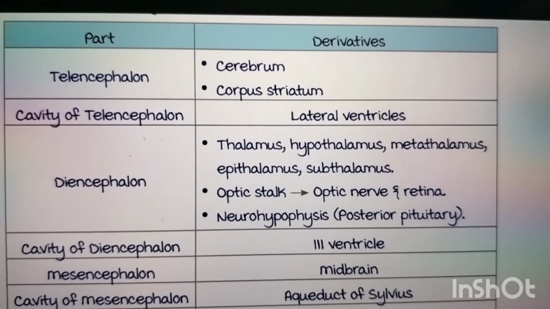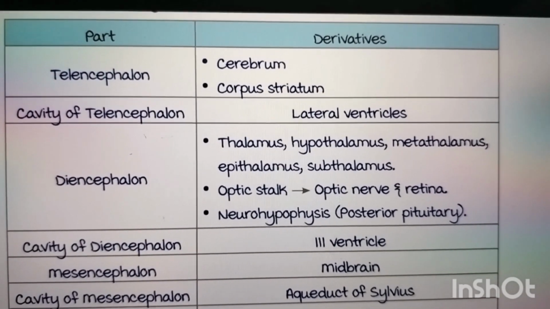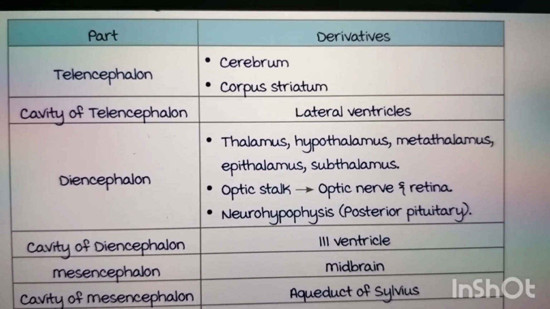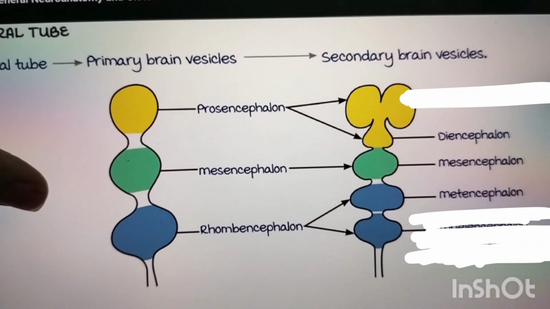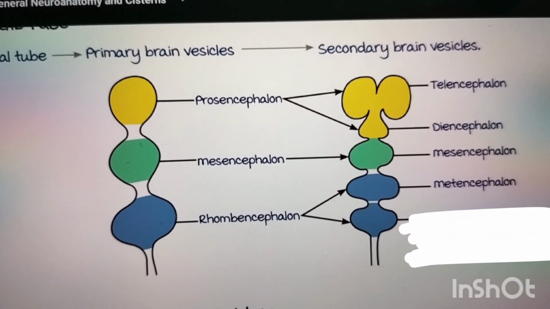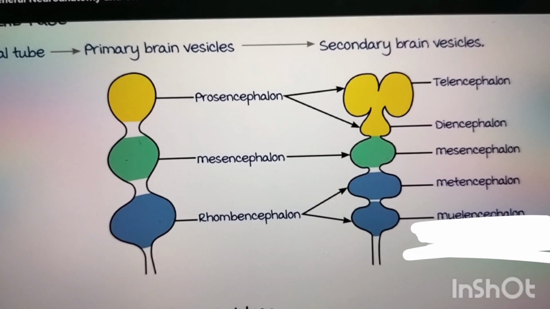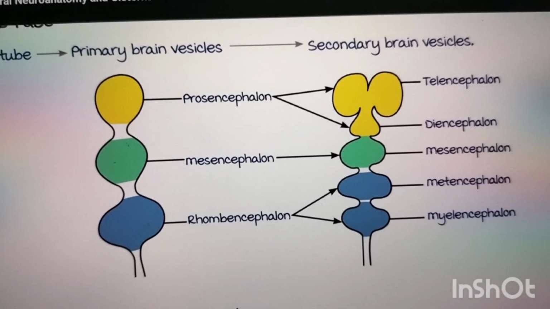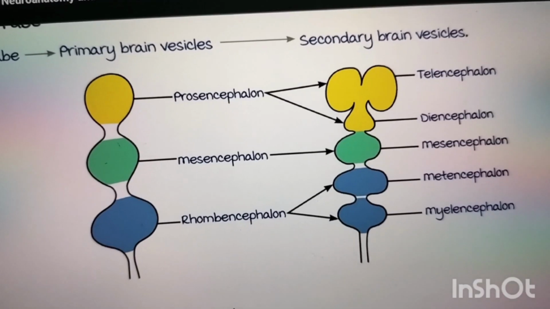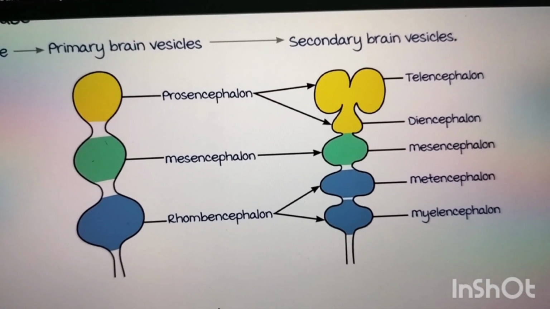The cavity of the telencephalon gives rise to the lateral ventricle. Why? Because the lateral ventricle is present inside the cerebrum, and the cerebrum is derived from the telencephalon.